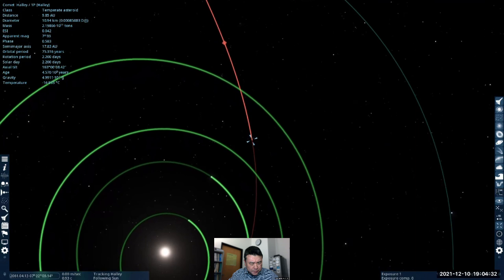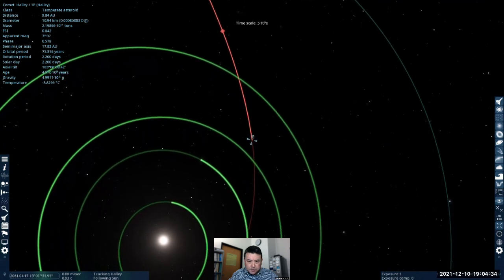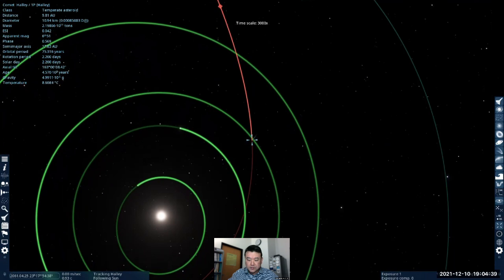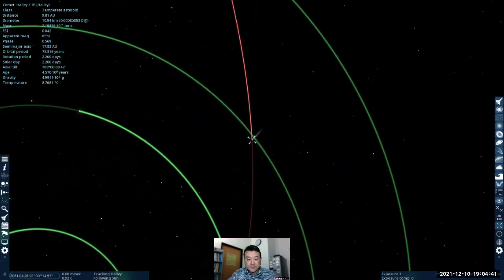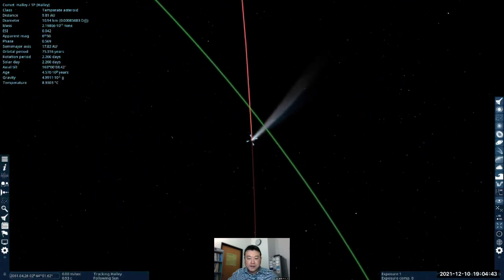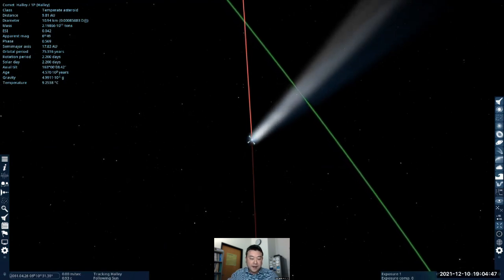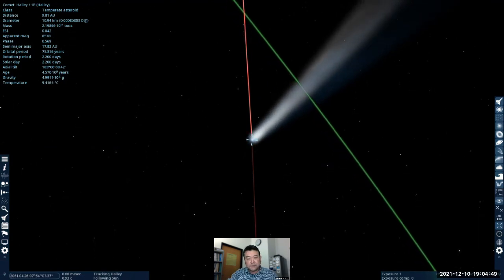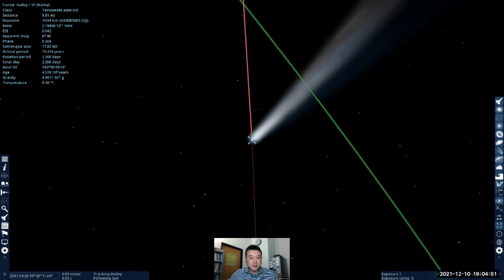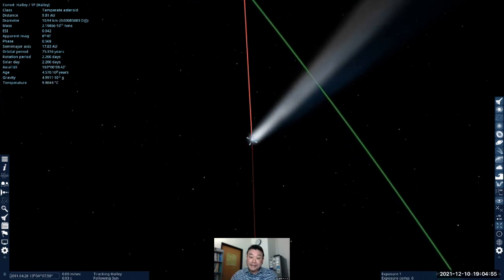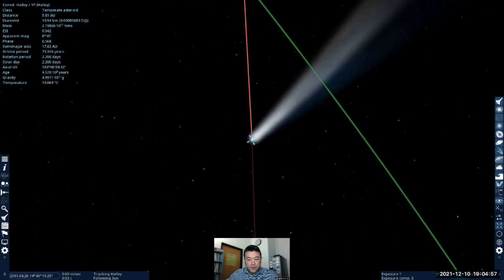And I think by this point, the tail should be much more visible. So the sunlight is heating up the ice ball, and it's evaporating material from the comet. That material is getting pushed out by the radiation pressure from the light of the sun, and that's forming this tail.